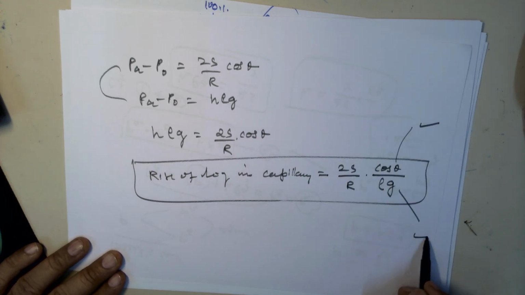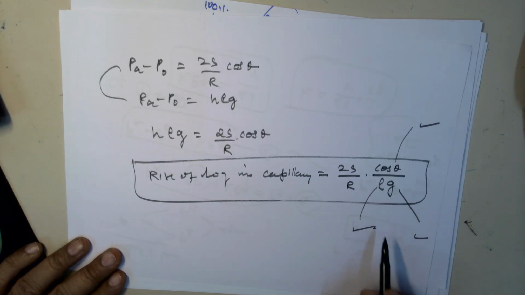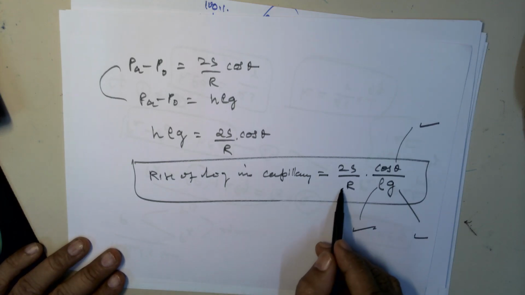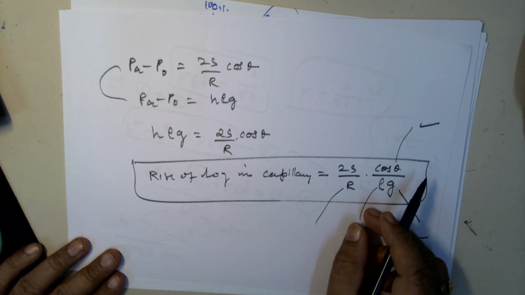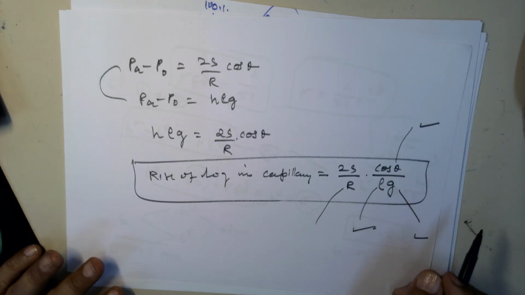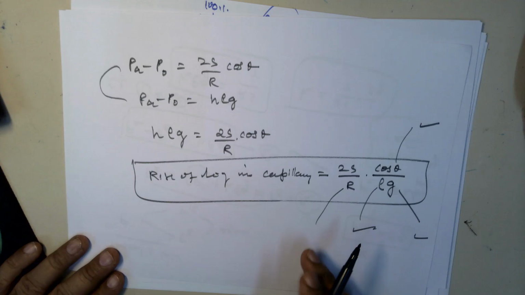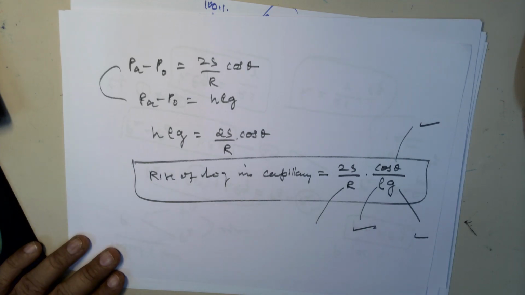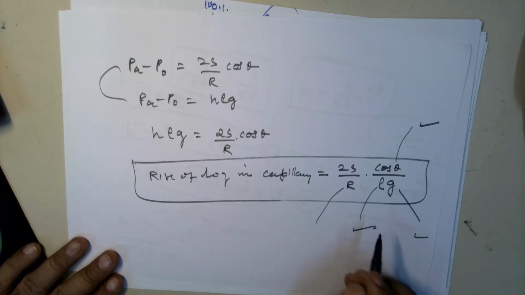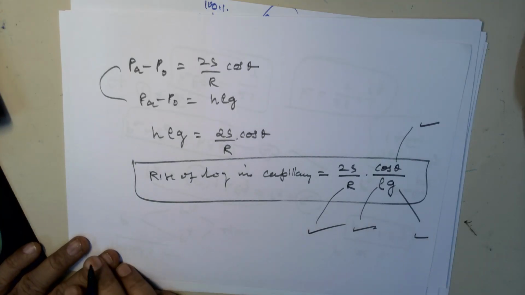And G is the constant. Rho is also the density. And R, capital R, is the radius of the capillary. That is also constant, and you can measure it using vernier scales or a micrometer. So this is also possible.